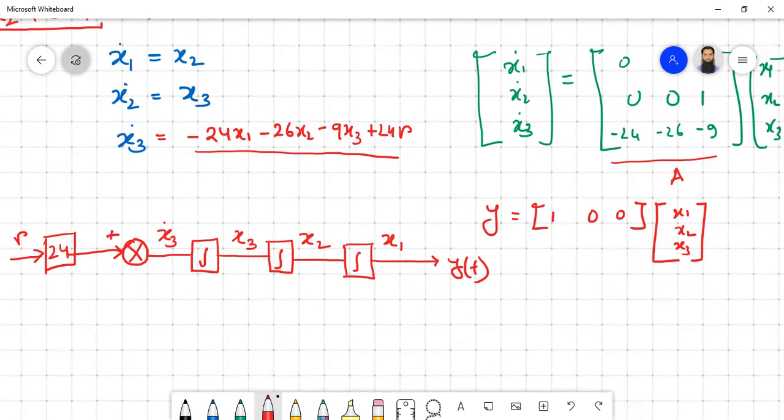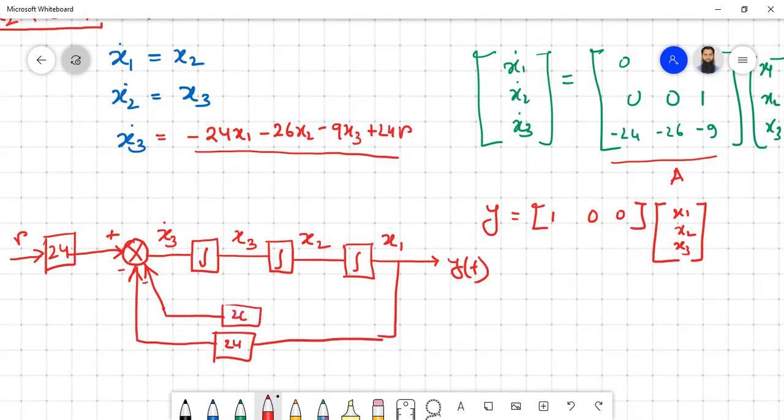Then you have minus 24x1, so keep the minus sign here, then minus 26x2, then minus 9x3. So this is your block diagram representation of the system in state space.